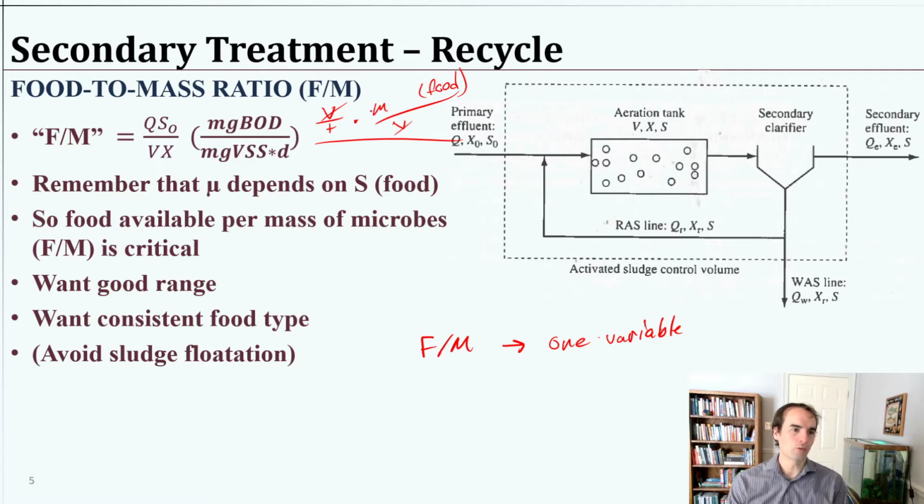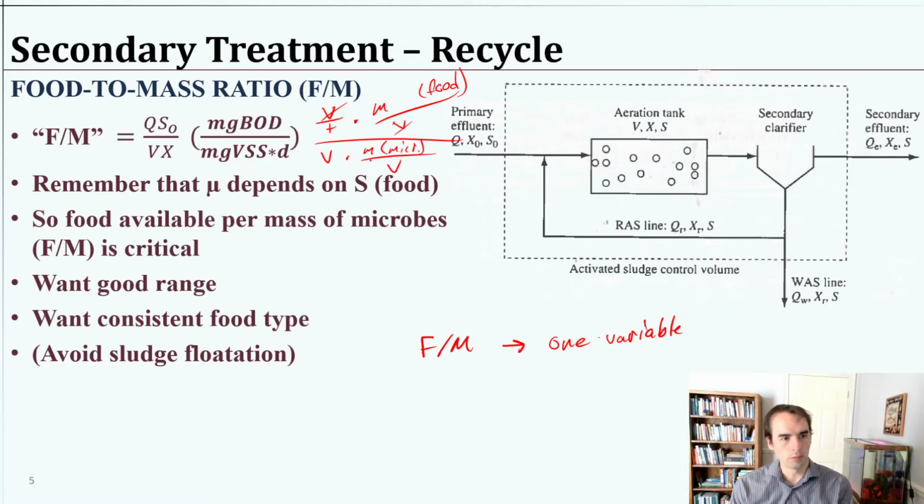So first of all, this is mass of food per time coming in. And that looks very much like our typical mass balance, a mass per time, it's a rate. And on the denominator, V times X is going to give us the mass of microbes. So volume is obvious, times the concentration of microbes, the mass divided by the volume.